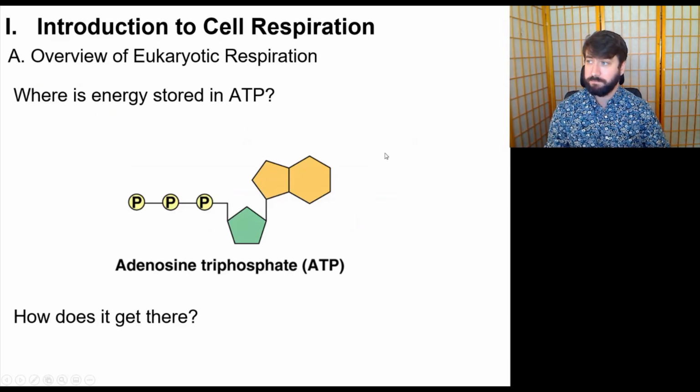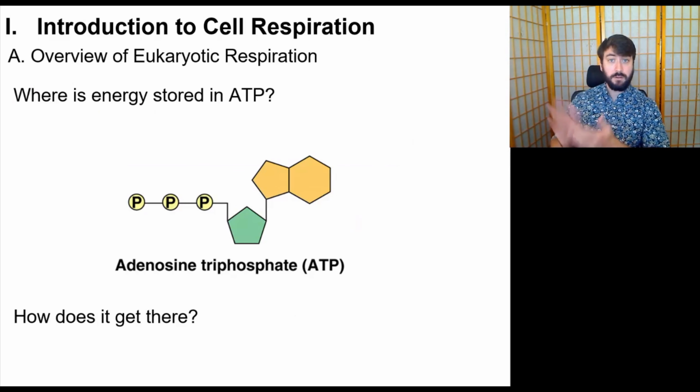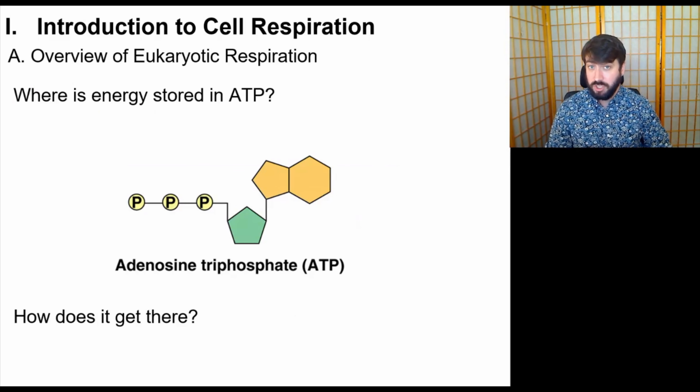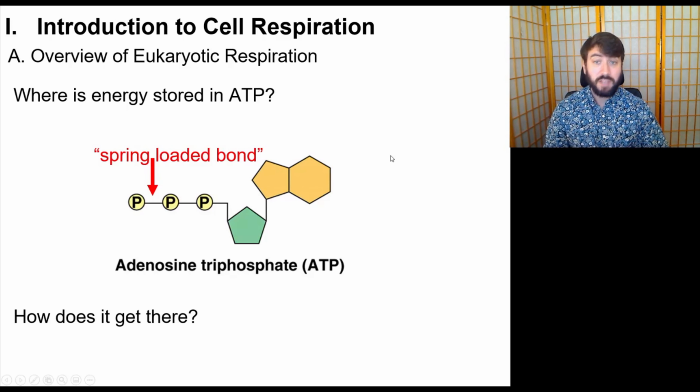Speaking of stored energy, remember ATP? Do you remember how it stores energy? Where do we get all this energy that we can shepherd around with ATP? Right, that third phosphate group here, this bond between the second and third phosphate.